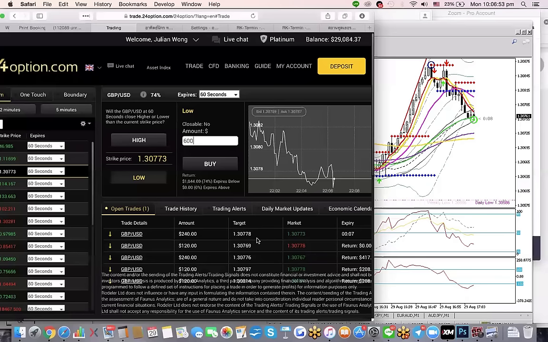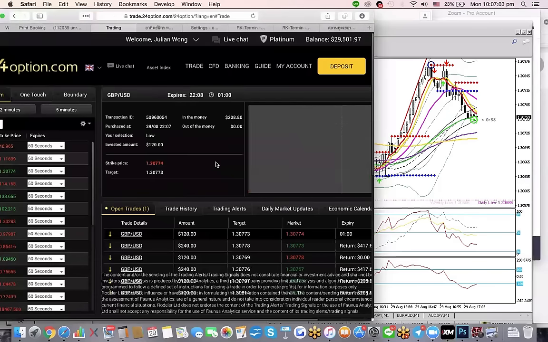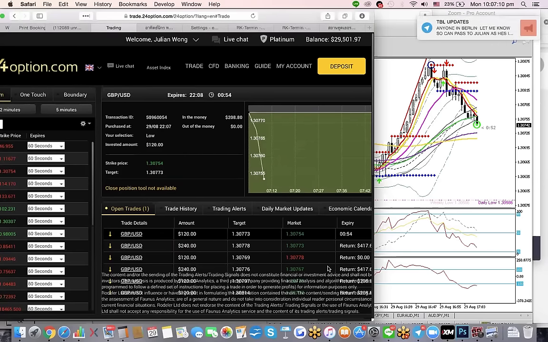If I win this, because it was quite a close one, I'm going to wait for the next setup. Actually, I'm going to go back in again to ride the trend down because that was a winner. So ride the spree as long as you can. A little bit of trouble crossing this trend line, but it's going to go to the next one.